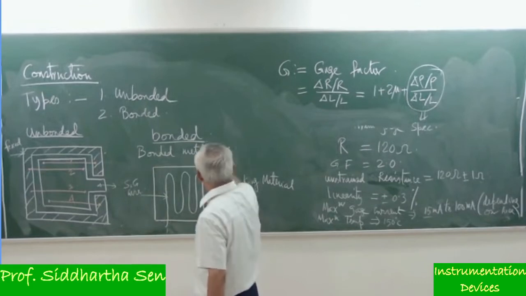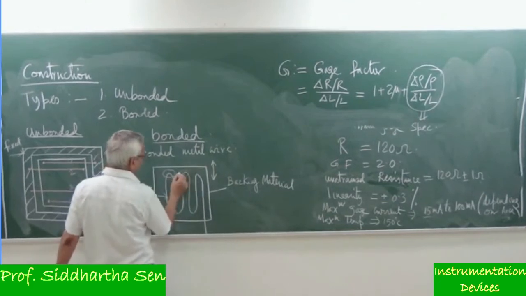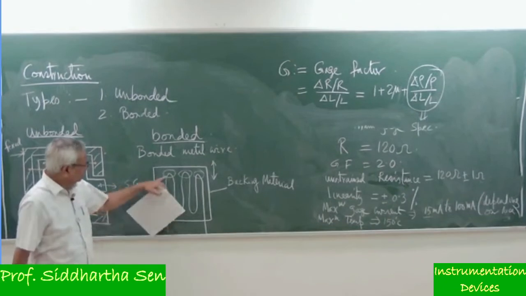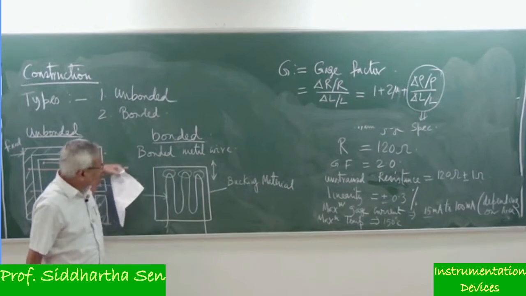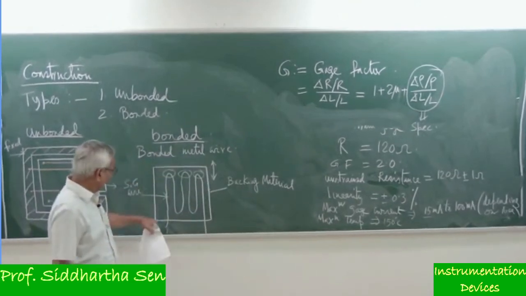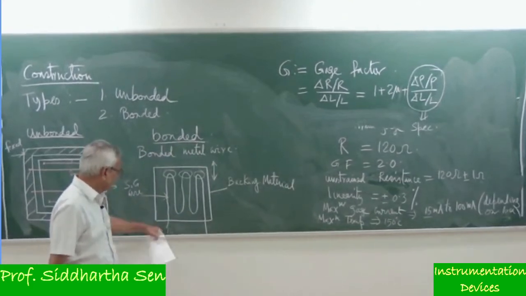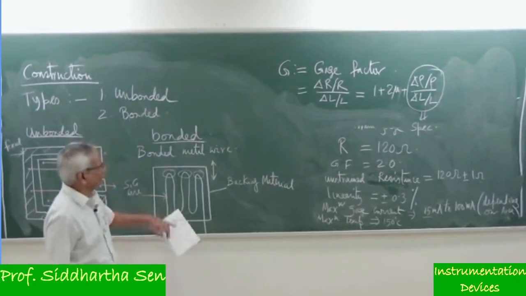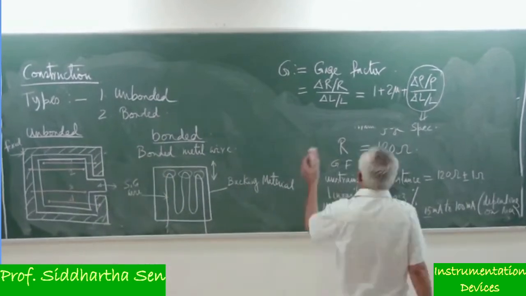It measures in one direction, but these sides on the top will also measure the strain in the x direction, which is not really advisable. Also, handling these wires and connecting lead wires to this metal wire is really difficult.